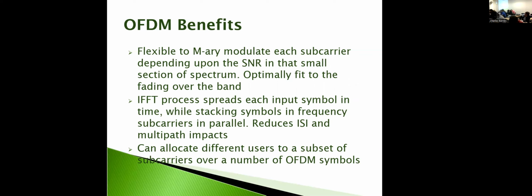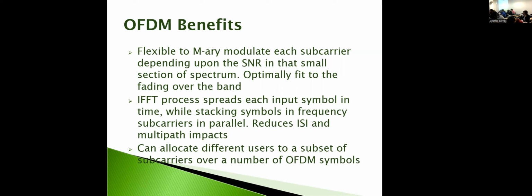As I was saying near the beginning of the lecture, if some areas have poor SNR, then we'd use something like a low M-ary modulation like BPSK or QPSK. But if we're having great signal to noise ratio, then we can use something more like 64 QAM or even 256 QAM.